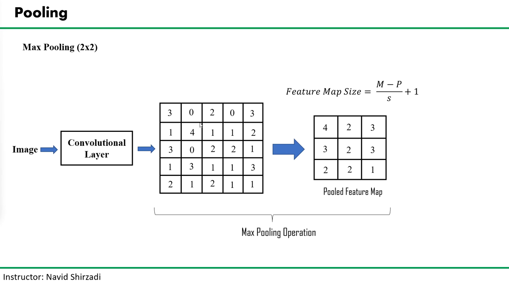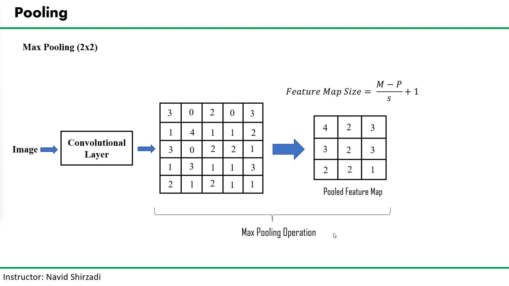Here we used a 2 by 2 window, so 5 minus 2, and then we divide that by s, the stride size, which was 2 again. So 5 minus 2 is 3, divided by 2 is 1.5, plus 1 is 2.5. We round it up to the nearest integer, which is 3. So we will have a 3 by 3 pooled feature map. We can use this feature map size formula in the future as well.